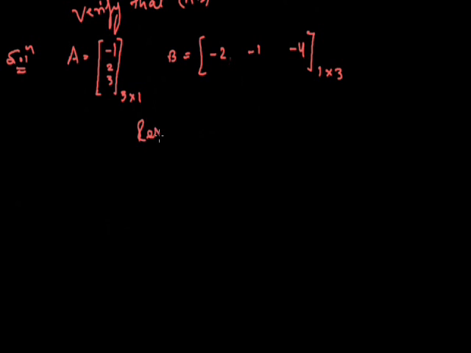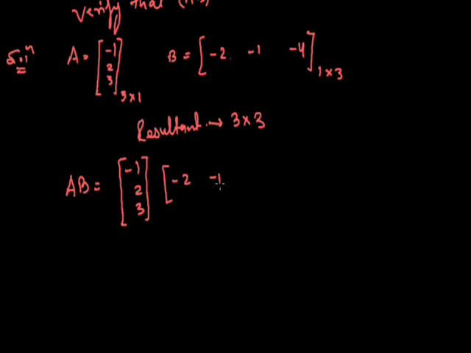Multiplying, -1 times -2 is 2, -1 times -1 is 1, and -1 times -4 is 4. Then 2 times -2 is -4, 2 times -1 is -2, and 2 times -4 is -8.